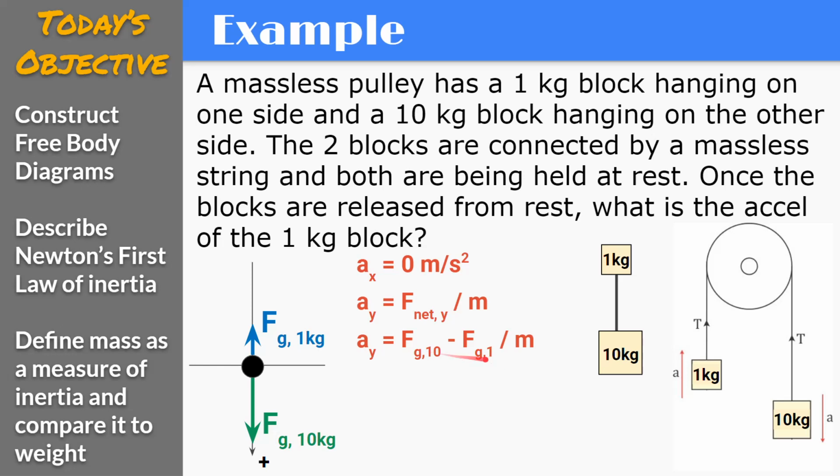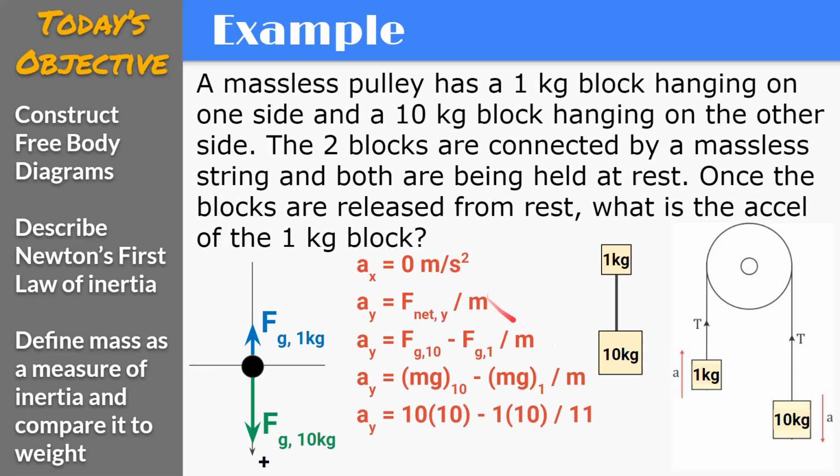So I have Fg10 minus Fg1 divided by m. So this is my F net right here. Again, Fg is mg, so I have acceleration in the y direction equals the mass times gravitational field strength for the 10 kilogram block minus the mass times gravitational field strength for the 1 kilogram block, all of that divided by m. I probably should have put parentheses around this whole thing.